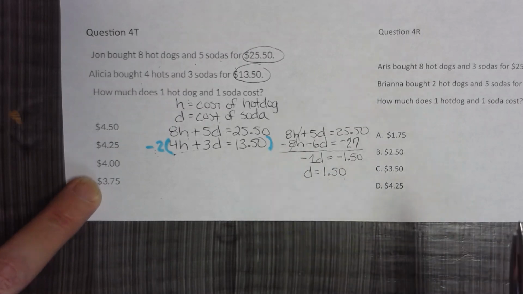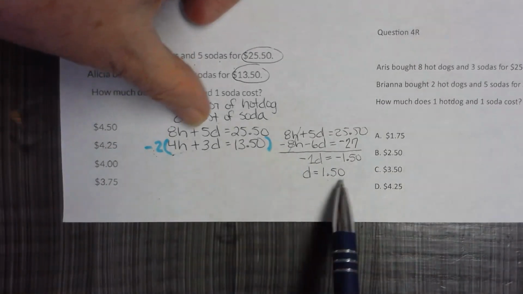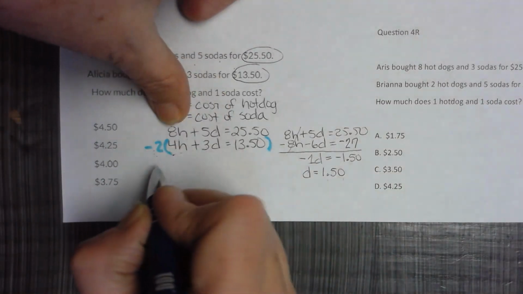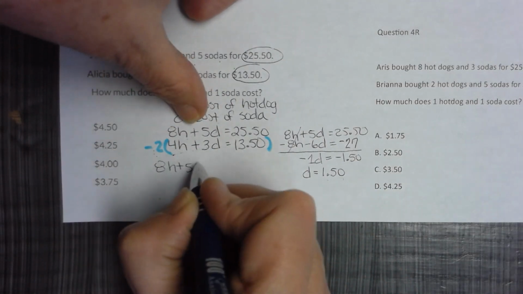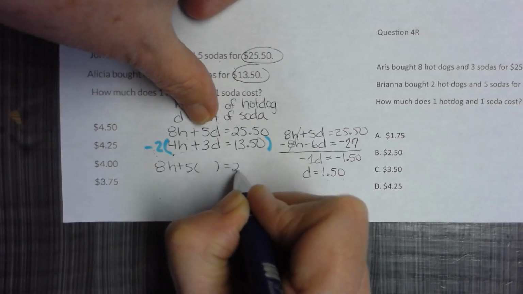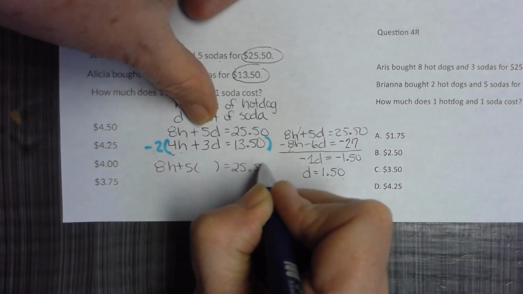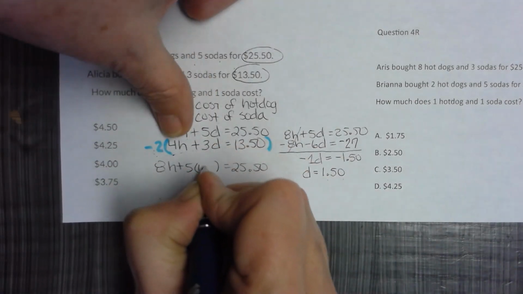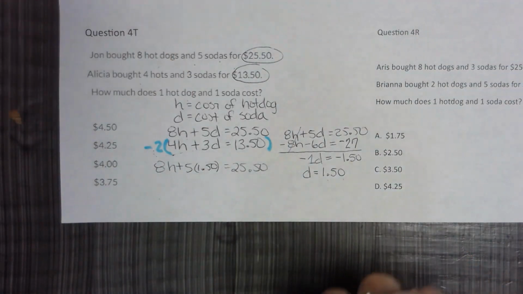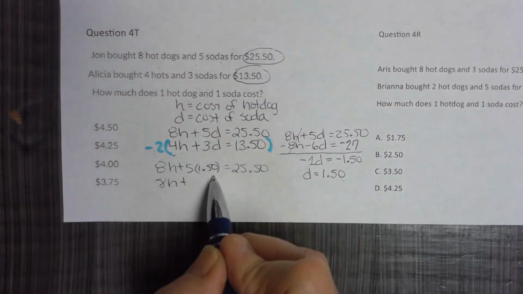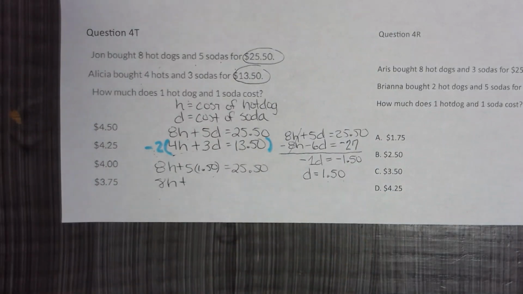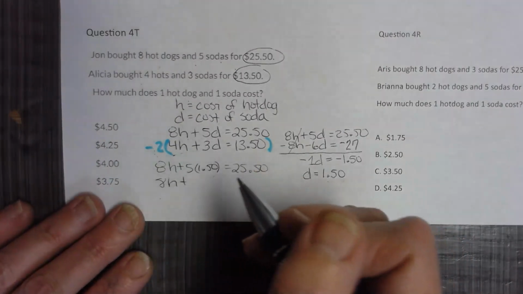Now I need to plug this back in, so I'm just going to go right back up here and plug it in right there. So it's going to sound like 8H plus 5 blank equals 2550. And I'm going to plug $1.50 in the blank. So now we've got 8H plus, go ahead and pop this in the calculator, 5 times $1.50. We get $7.50.